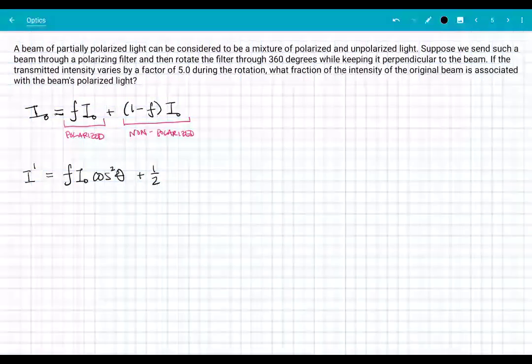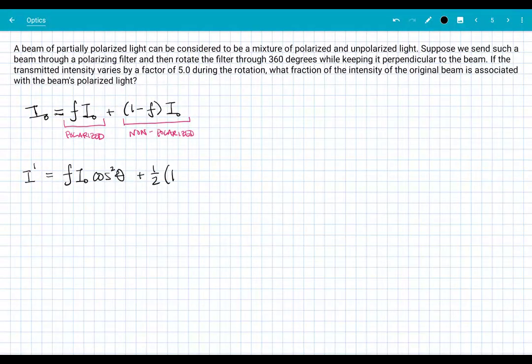So we just have to put a 1/2 in front of this term, keeping track of the fact that the non-polarized light has a constant reduction and the polarized light has a variable reduction. It depends on the angle of the filter with respect to the original axis of polarization. Okay, so I have that equation.